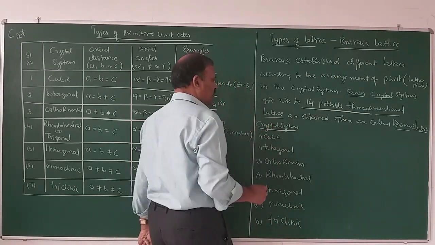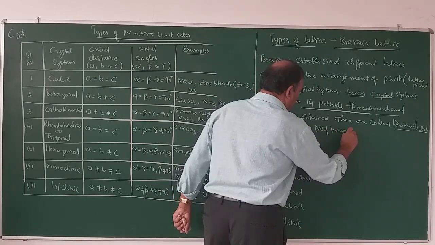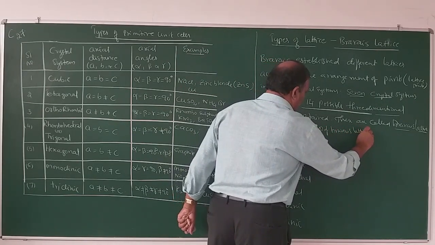So these are all the crystal systems. So number of Bravais lattices.